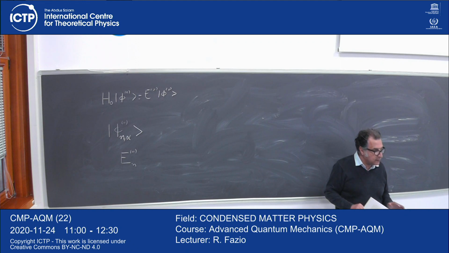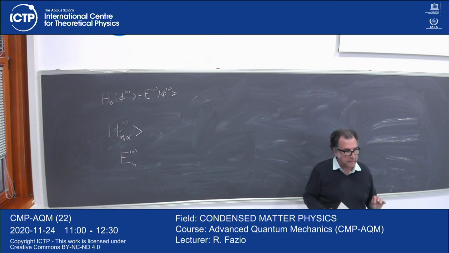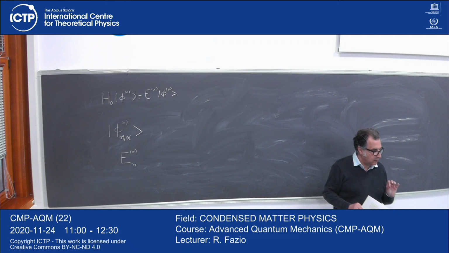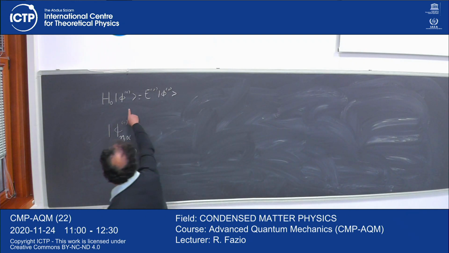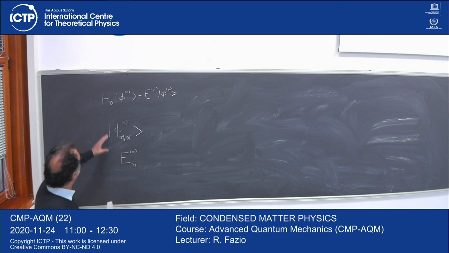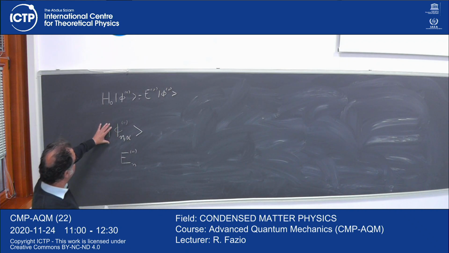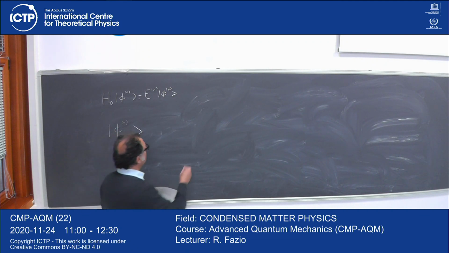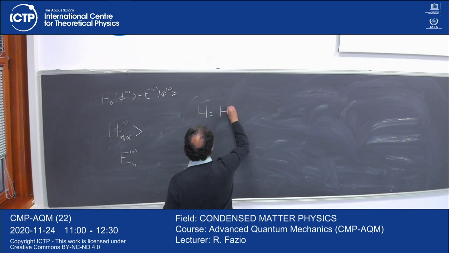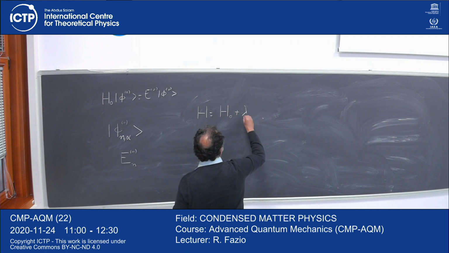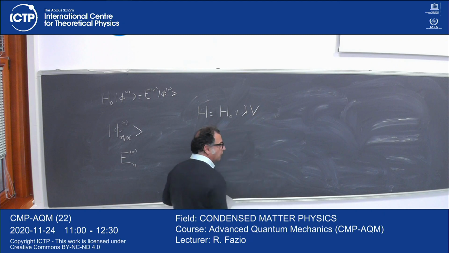But before doing that, let me stress an important fact. You have an unperturbed system, H0, and suppose that you know the spectrum, so you know the eigenstates and the eigenvalues. Now, as in the previous case, we want to study the eigenvalues and eigenstates of the perturbed system.